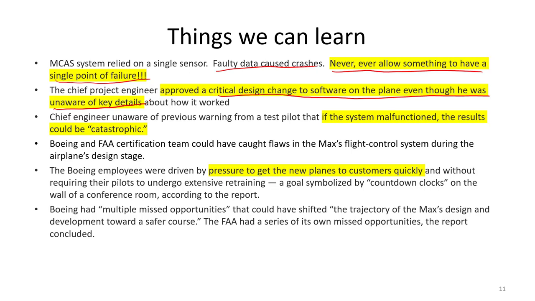That chief engineer was also unaware of a warning from a test pilot. And a test pilot who knew about that system warned that if the system malfunctioned, the results could be catastrophic. And so it's unfortunate to see that Boeing and FAA, they could have caught these flaws in the flight control system during the design stage.